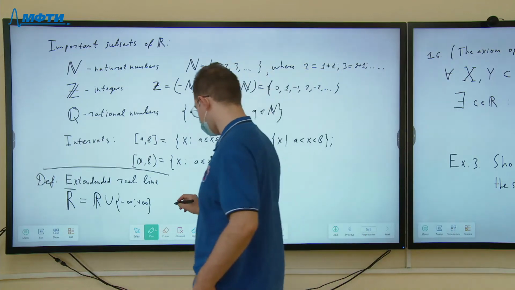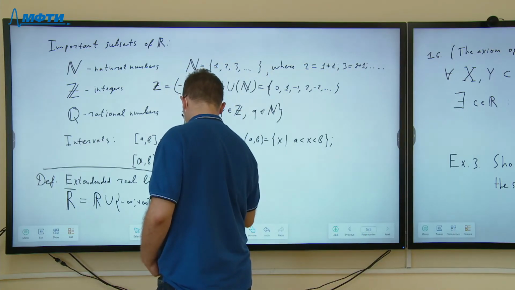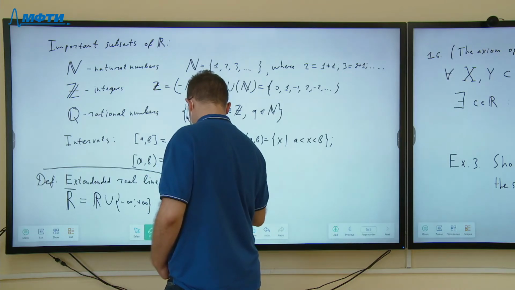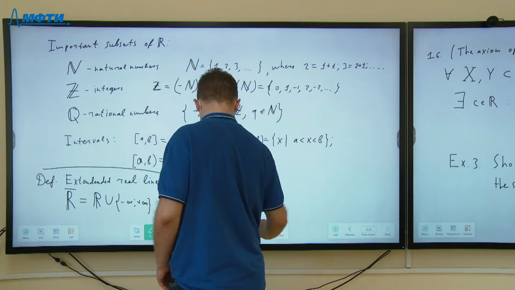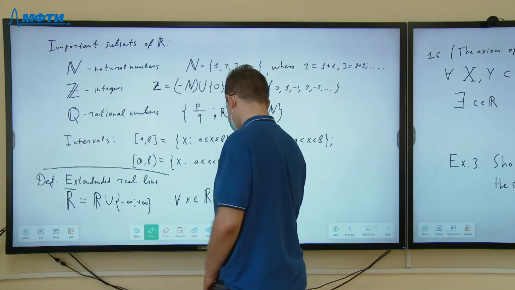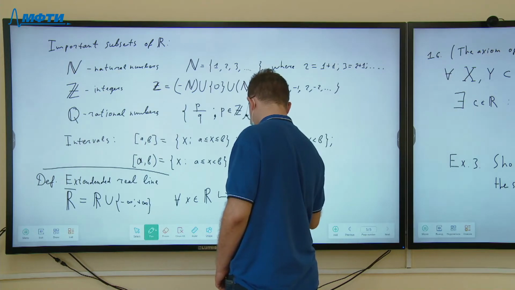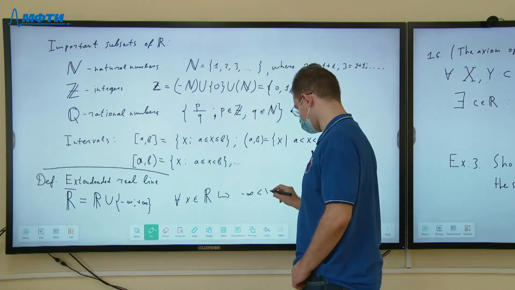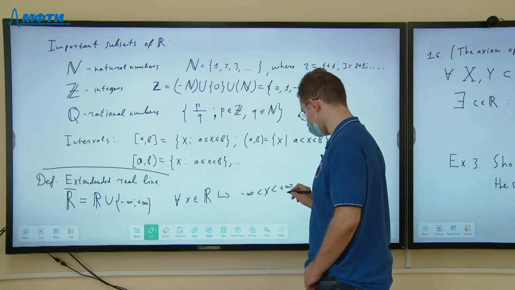It is defined like that. For any x from the real line, minus infinity is strictly less than x, and plus infinity is strictly greater than x.